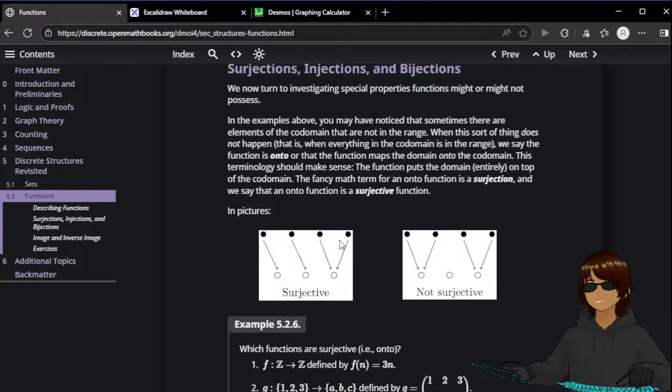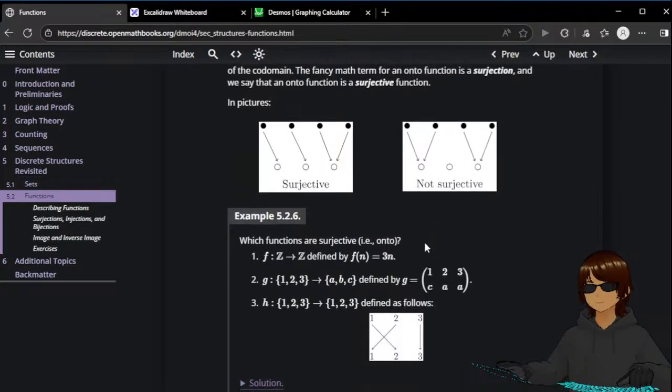So every element in the output gets mapped to. And this is not surjective.